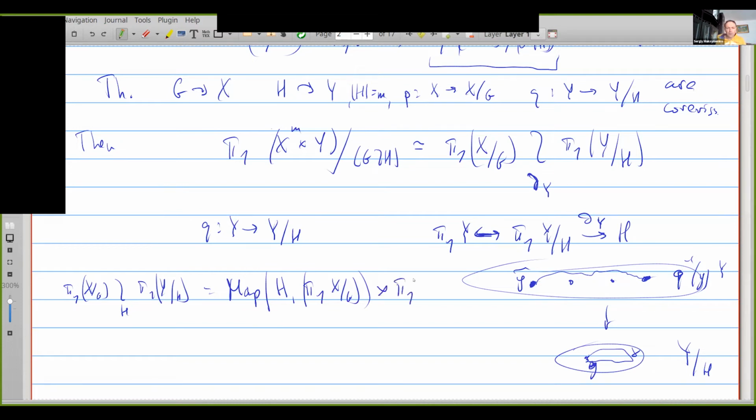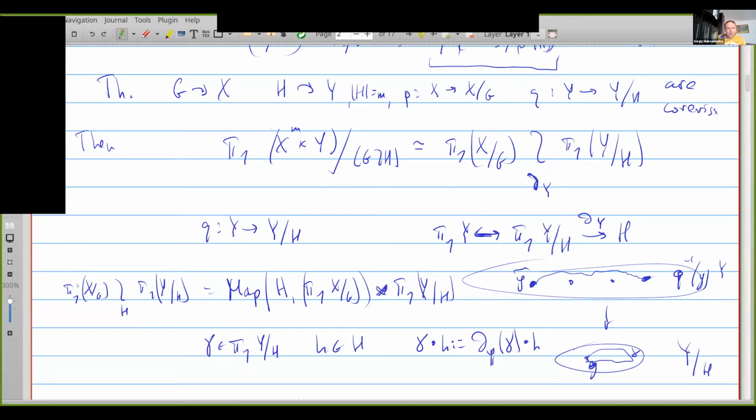Then the group pi1 of Y/H naturally acts on the group H via this homomorphism, so I can multiply. If I have an element gamma belonging to pi1 Y/H and h belonging to H, then I can multiply gamma by h. By definition, I need to apply the boundary homomorphism to gamma, and after that I get an element from H, and then I can multiply them in the group H, and this will be the correct action.